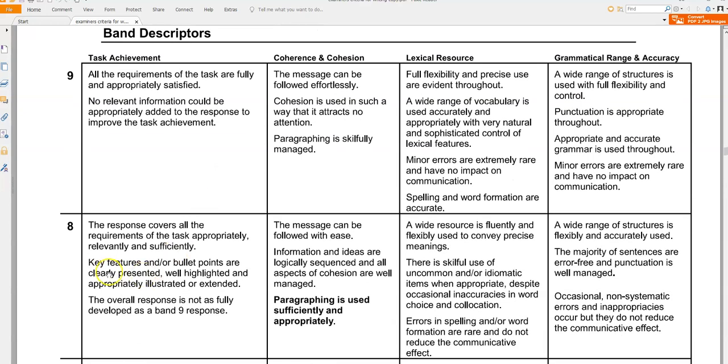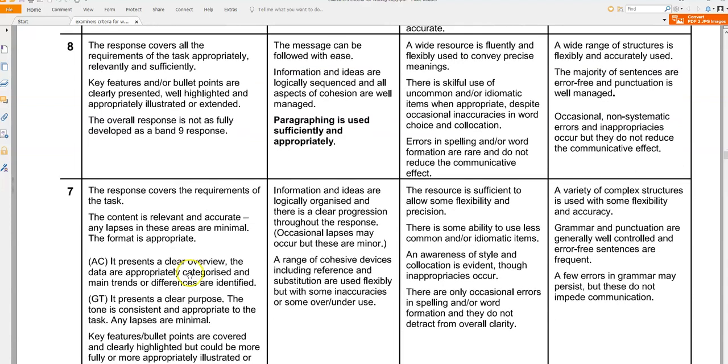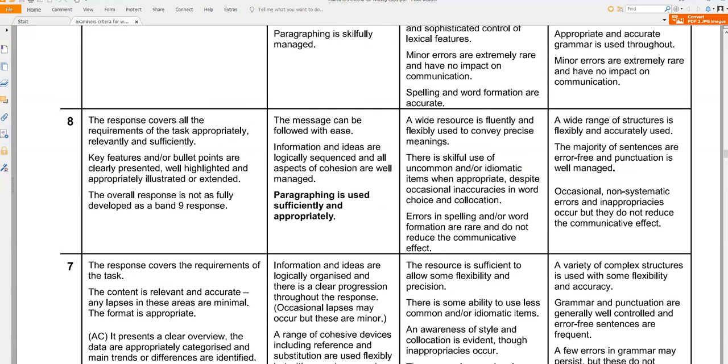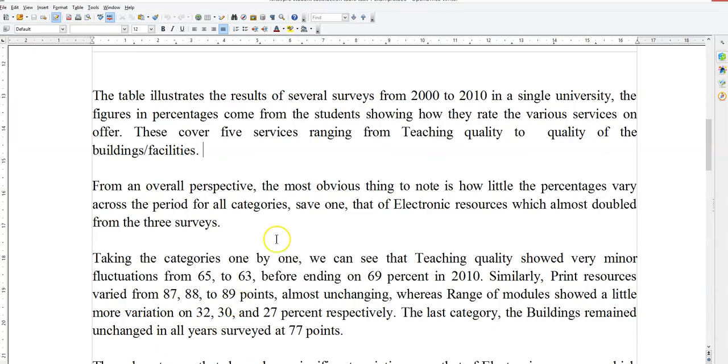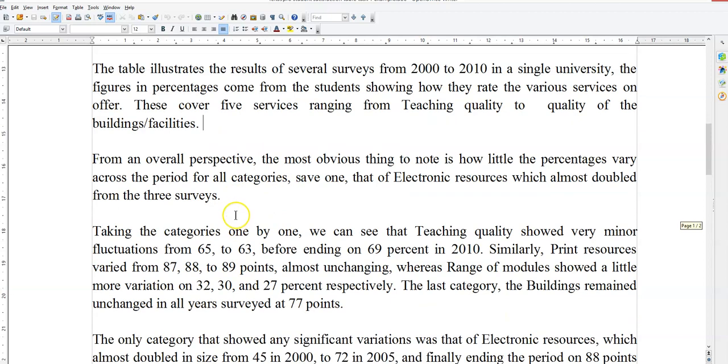Okay? But you need your key features, bullet points. In other words, you have to have a clear overview. What's the main trends or differences? So, in my example, 4 out of the 5 more or less unchanged. 1 is completely unchanged. Only 1 is double. Okay, so back to it. Okay, the overview, main features.